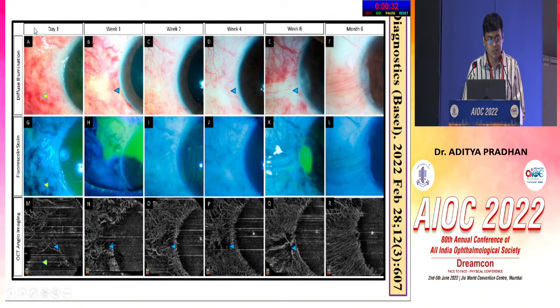Similarly, there are diffuse illumination, fluorescein stain and OCT images, from day 1 going up to the 6th month. In this panel, there is a persistent epithelial defect by 6 weeks, and it has led to a local limbal stem cell failure, a pseudopterygium has come into the picture and the surface has healed. So the vasculature is quite intact, just that there is focal LSCD.